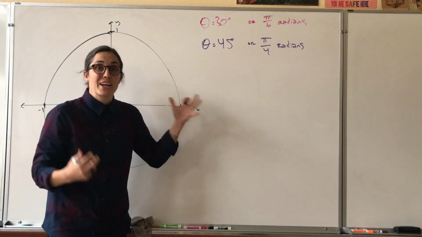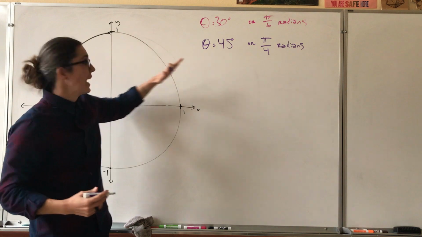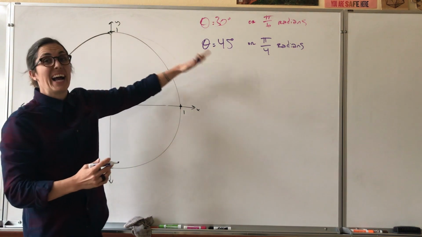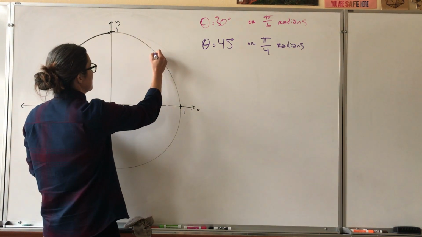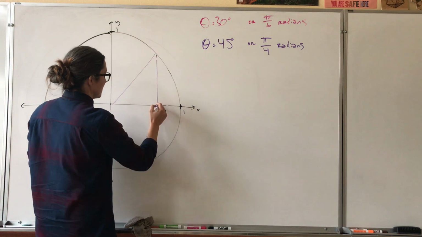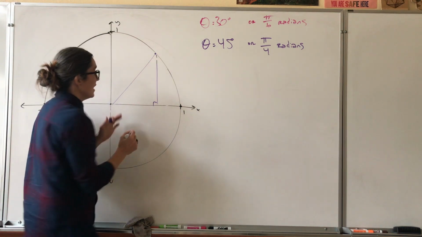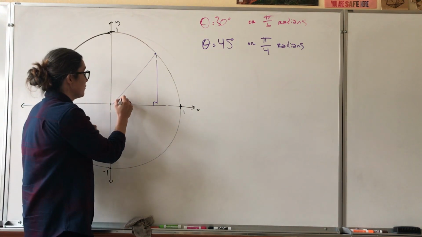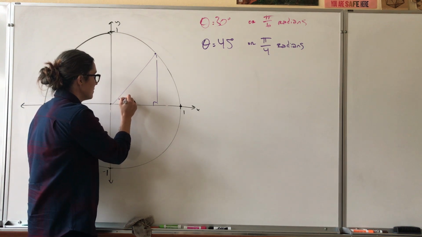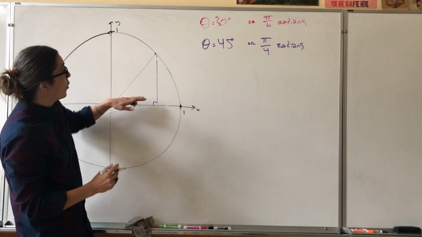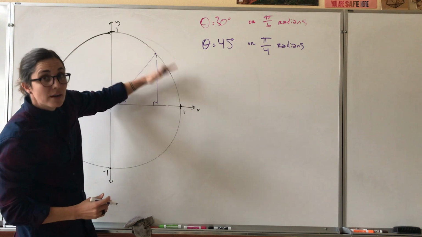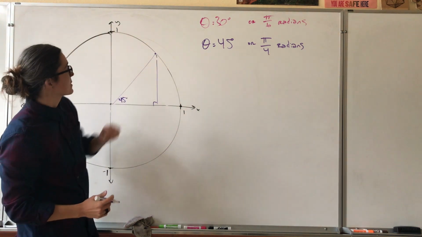The other triangle that we have seen was the 45-degree angle, or again, pi over 4 radians. Same thing, we know this is a 45-degree angle as measured in degrees, or pi over 4 as measured in radians.